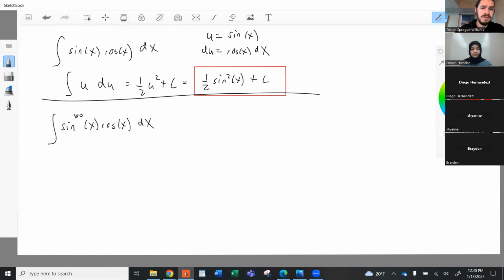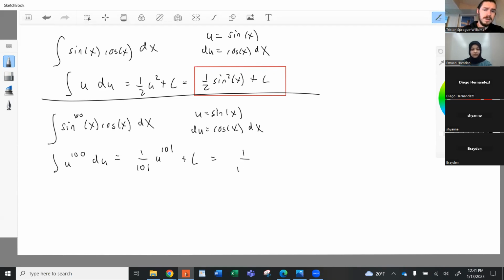You can still use the same approach. u equals sine of x, du equals cosine x dx. And then we have u to the power 100 times du. And it's just 1 over 101, u to the 101 plus c. And we got our antiderivative. See how that works?